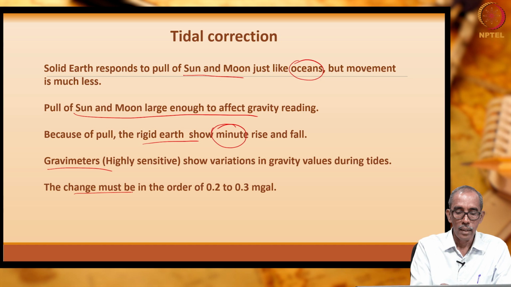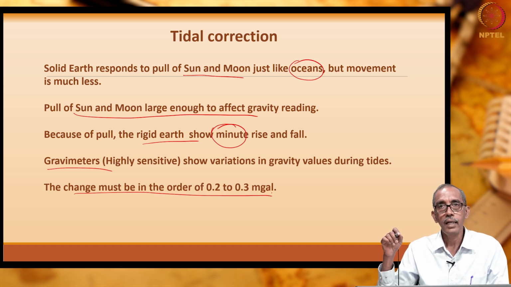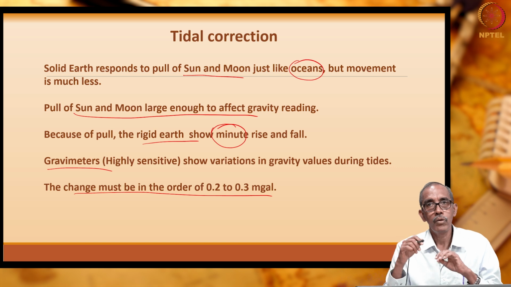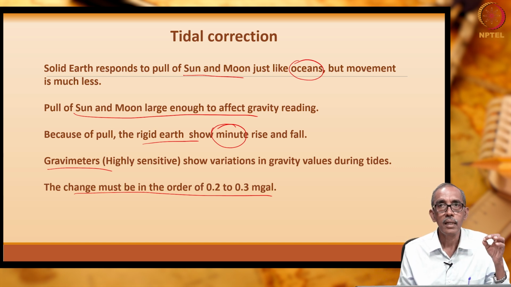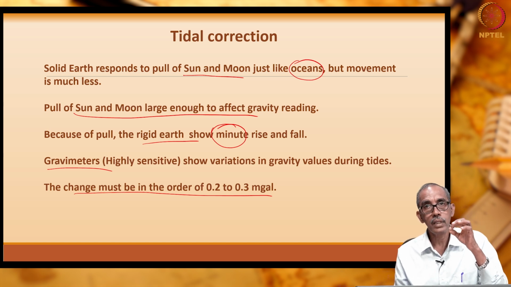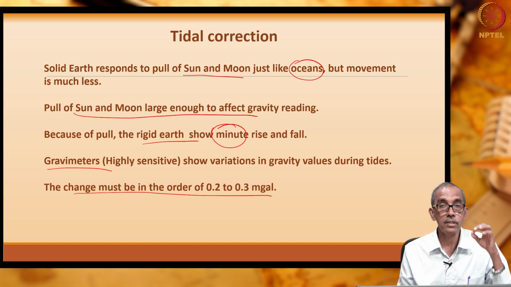Usually, changes due to the tidal effects, that is due to the locations of sun and moon, will be about 0.3 milligauss, which is reasonably of higher order of value, because what we are trying to achieve, we want to understand what is the gravity variation due to the change in the density of the rocks present below the surface.